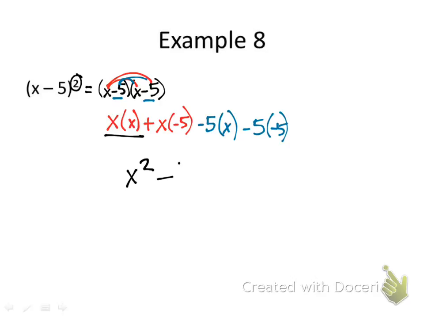Negative 5x. Again, if you want to write plus negative 5x and then rewrite it, cleaning up your signs, go for it. I'm just going to condense that into one step. Here we just have negative 5 times x again. In the back, I have a negative 5 times a negative 5. What's a negative times a negative? A positive. So this is going to be plus 25 in the back. I'll give you a second to catch up. This one's kind of tricky. Lots going on.